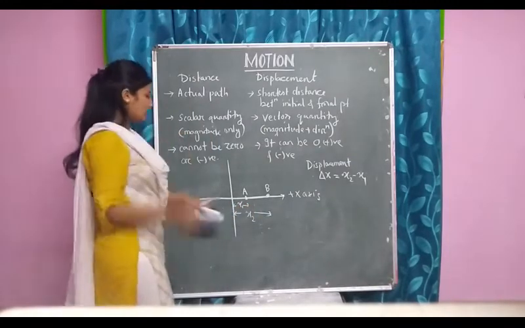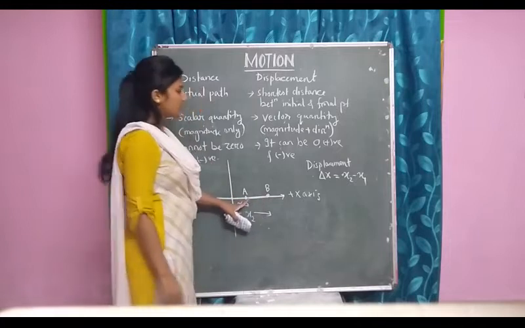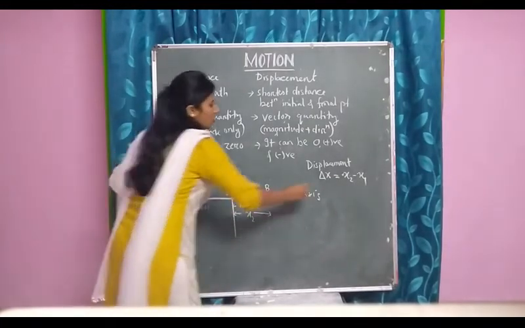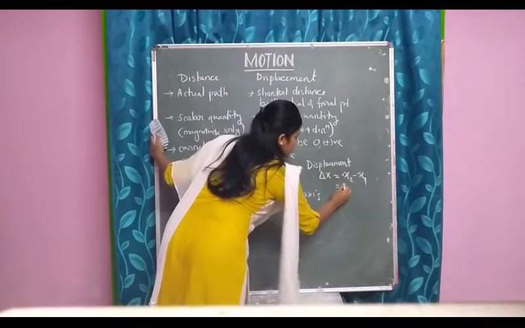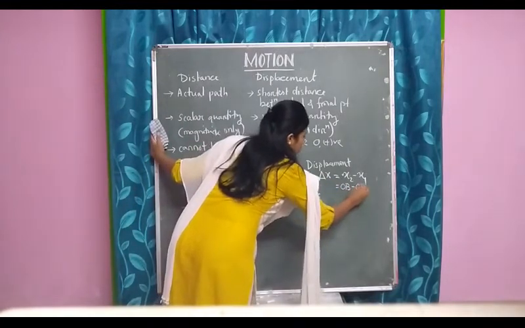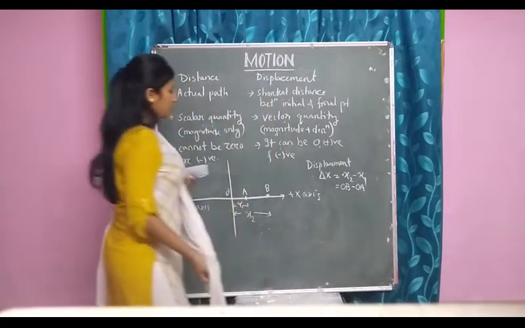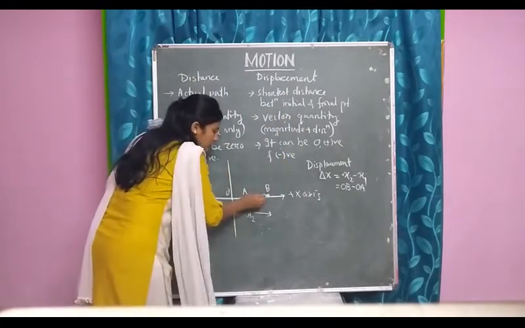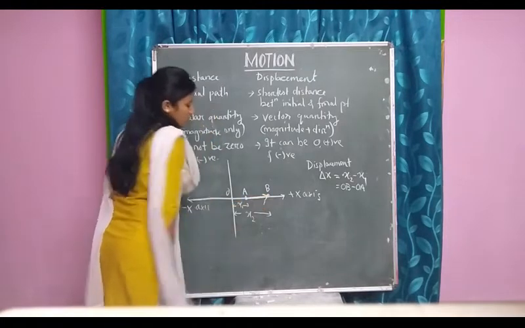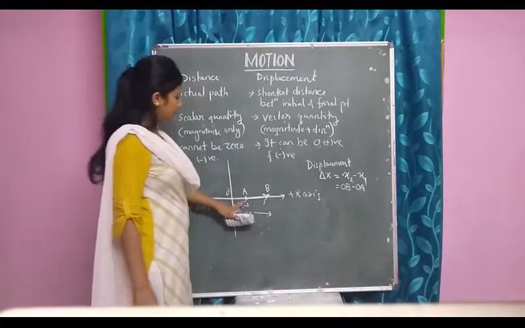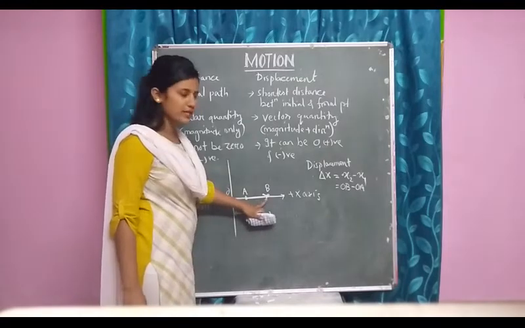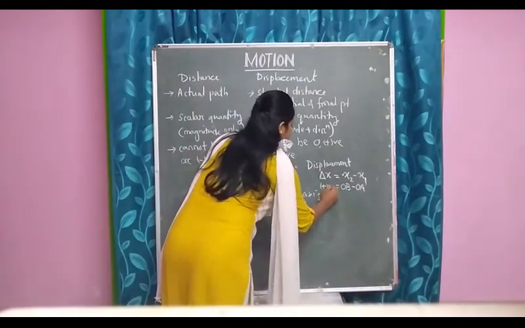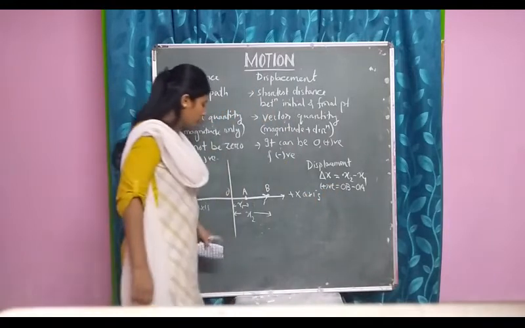So B minus A, suppose this is O, so your displacement will be OB minus OA. Since the body is moving along this direction and its final direction is along this direction, it will have a positive value.